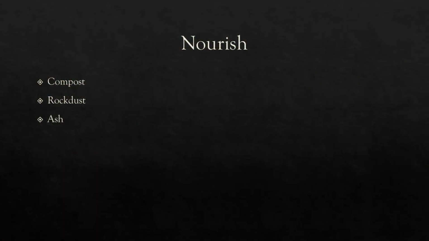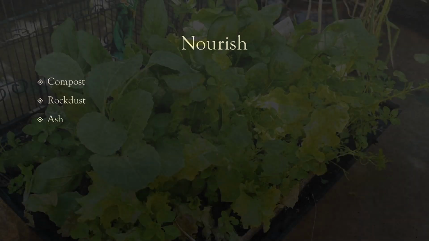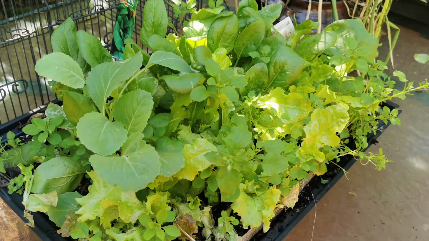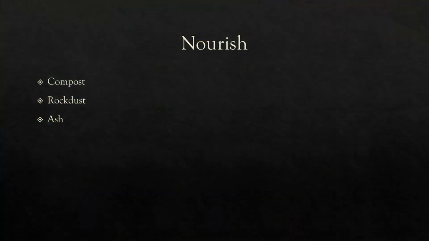Now, the easiest way to nourish, to put nutrients into the soil, is to use compost. Compost will help acid soils become less acidic, bring it to neutral, and it will help alkaline soils to become neutral. In some cases, you might want to apply rock dust or ash if it's particularly acidic.